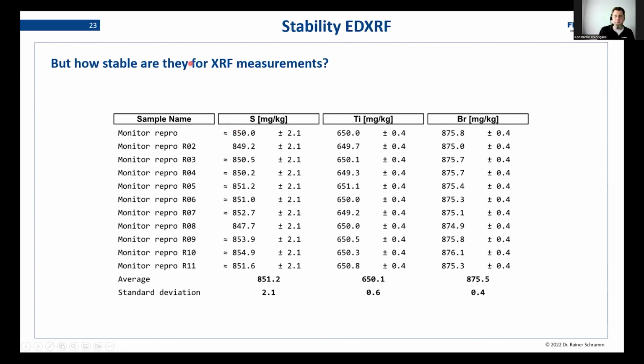The first question about standards is always how stable they are for measurement. In this case, the first table is the reproducibility of a measurement on an energy dispersive unit. From the repeatability and the deviation, we can say that there is no effect in the energy dispersive sector.